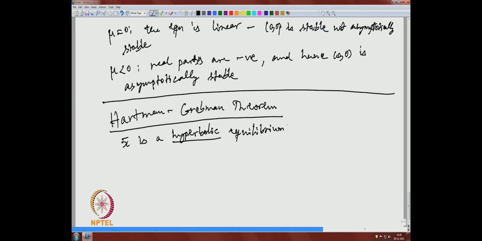Let me again recall what that means: the Jacobian of f at x bar, this matrix, has eigenvalues all having non-zero real parts.